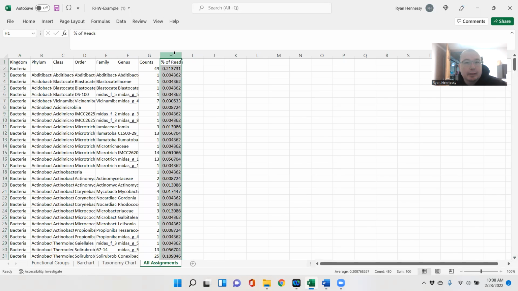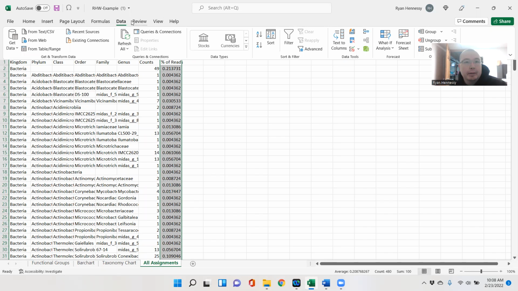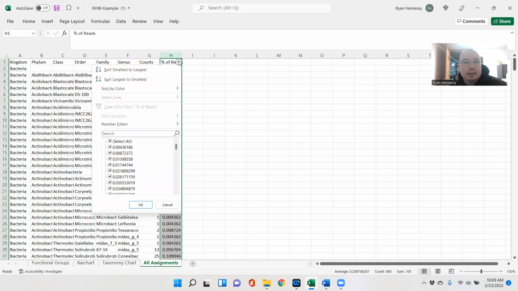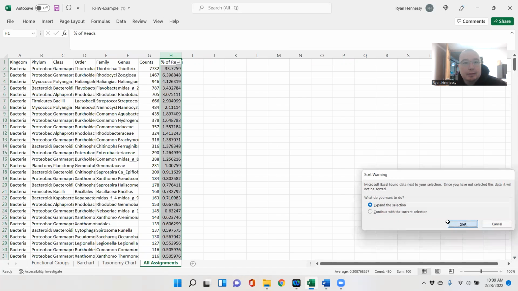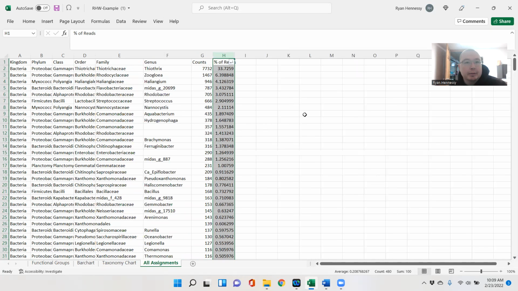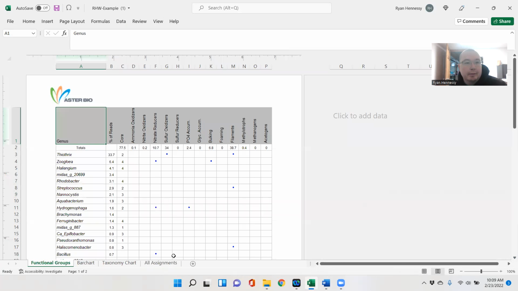What I generally look at here is I filter through and sort these from largest to smallest reads. That's going to show me, and I'll compare that to what I'm seeing on their functional groups tab.